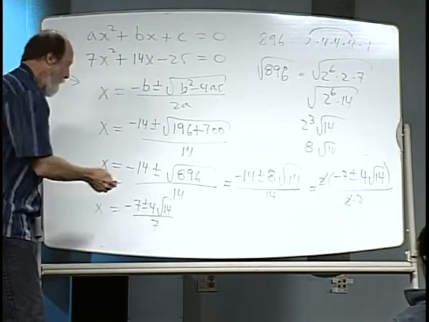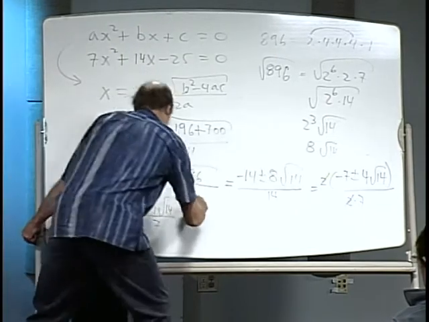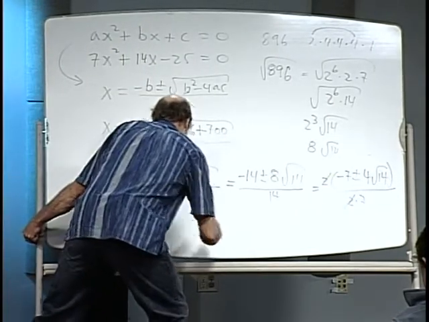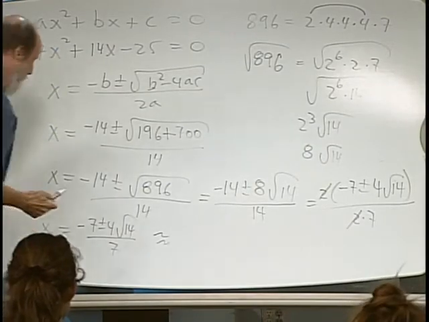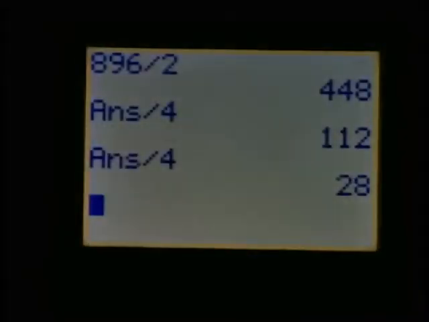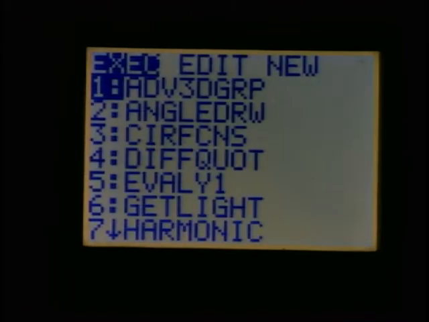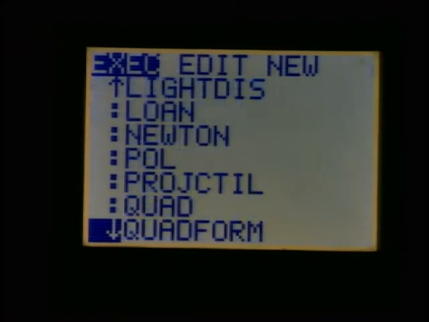Now, there are 2 answers here, aren't there? Let's get those approximately with our calculator. And watch this. I could punch that up on the calculator, but I want to run a little program, and feel free to come by the Math Resource Center and we can give you this program called Quadratic Formula.